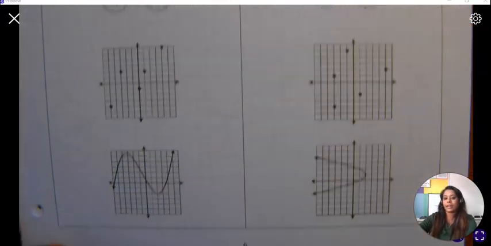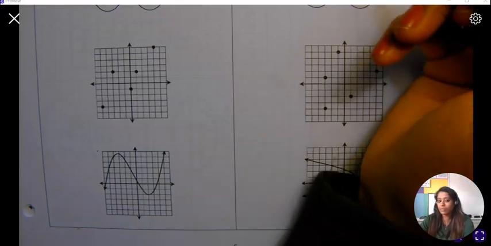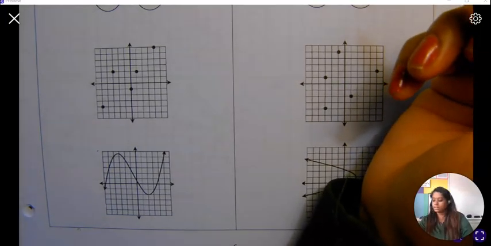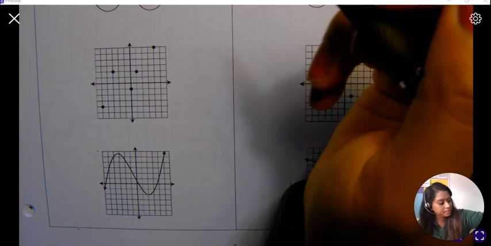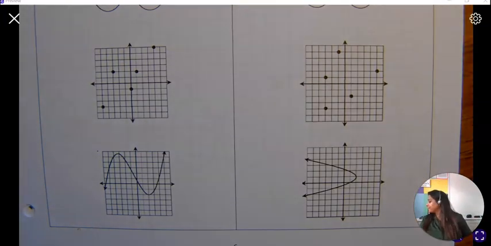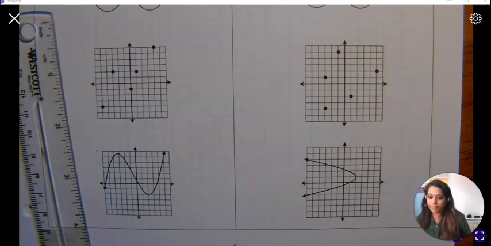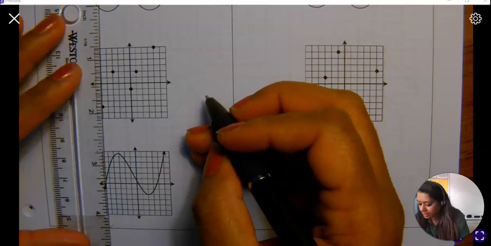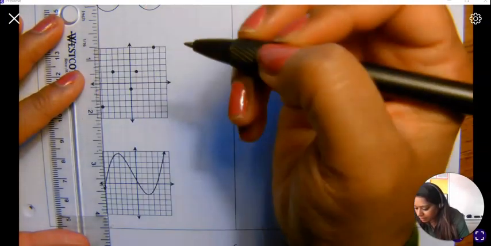Alright guys, graphing. What we want to do for graphing, I'm looking for my ruler here. Found it. So what we want to do is the vertical line test. The vertical line just checks the x values on your graph.